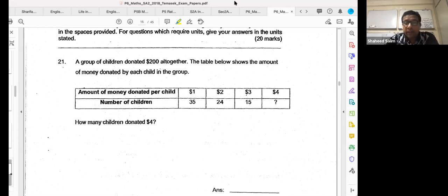Cannot use calculator. No using calculator. Okay, this is really a thinking question.